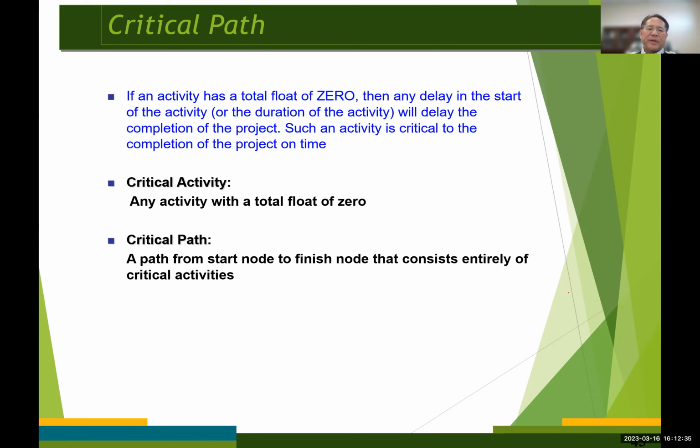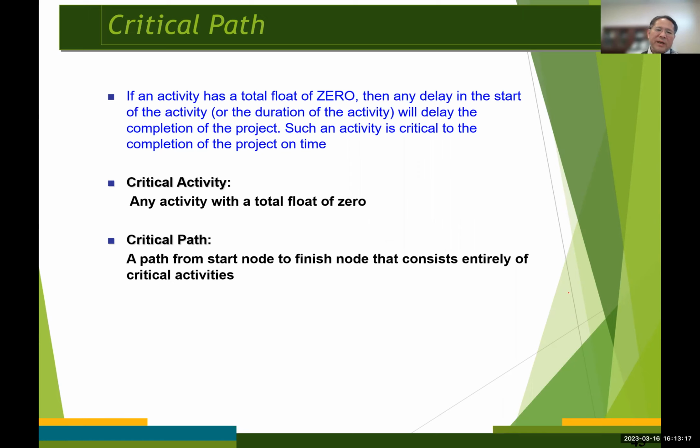So if an activity has a total float of 0, then any delay in the start of the activity or the duration of the activity will delay the completion of the project. So in fact, increasing the duration of the activity by, let's say, alpha days will increase the length of the total project by alpha days, okay? So such an activity is very critical to the completion of the project on time, right?